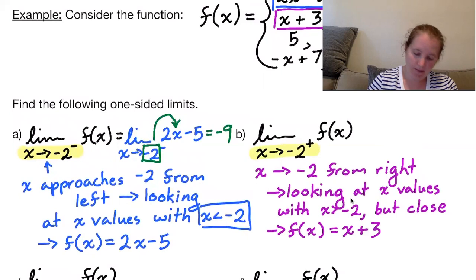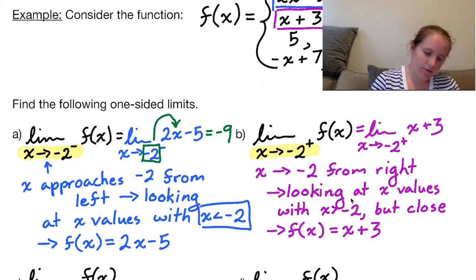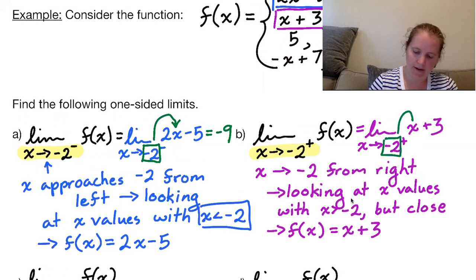So our limit is as x approaches -2 from the positive side of simply x plus 3. Again, we can take that -2 and plug it in since we are looking at a polynomial function.